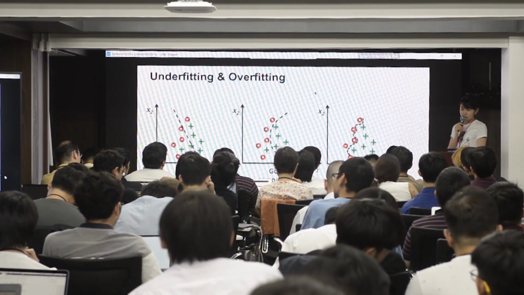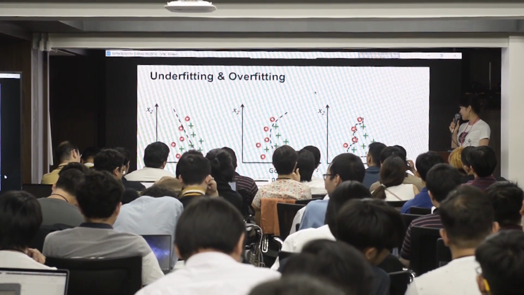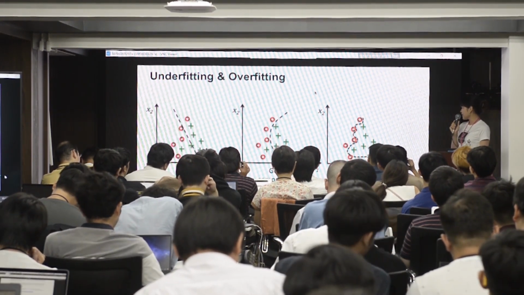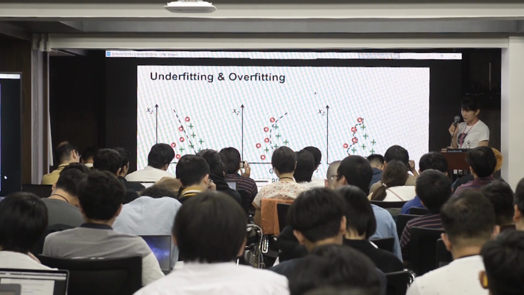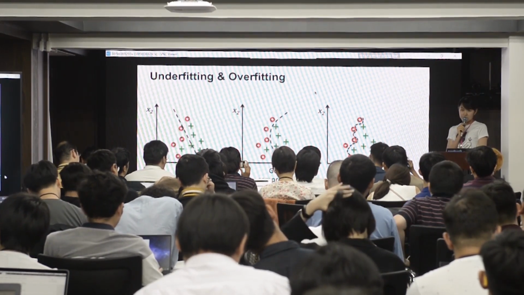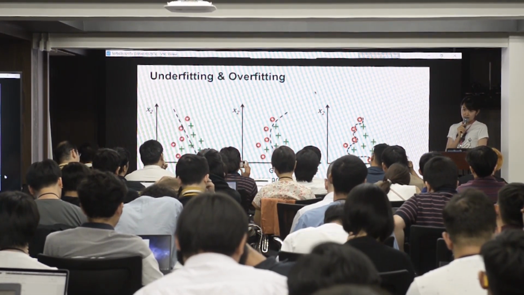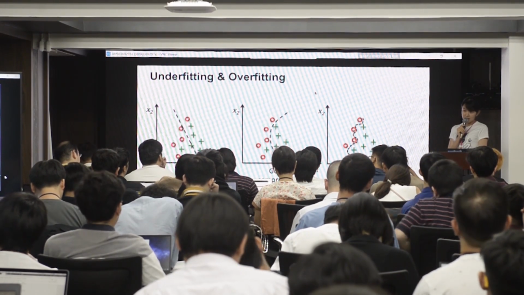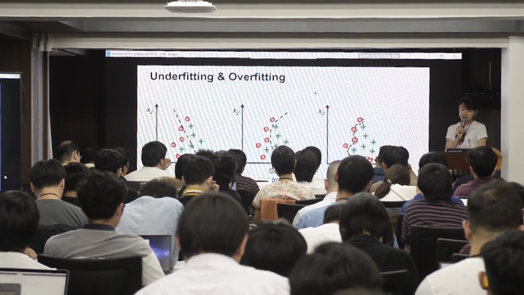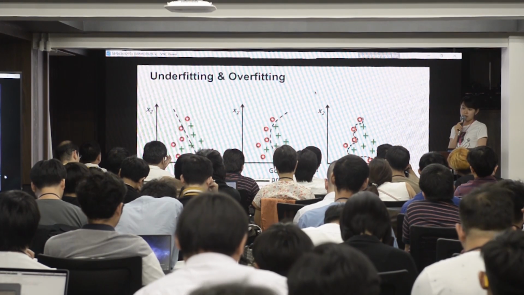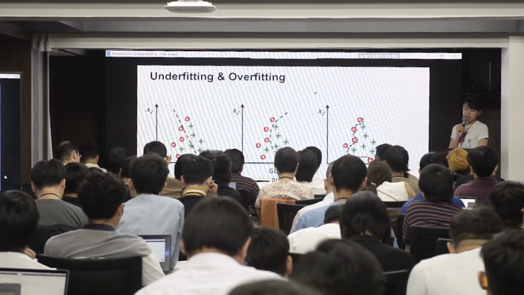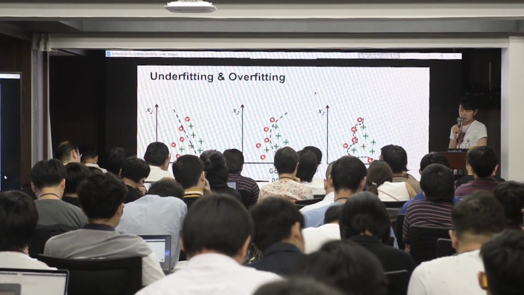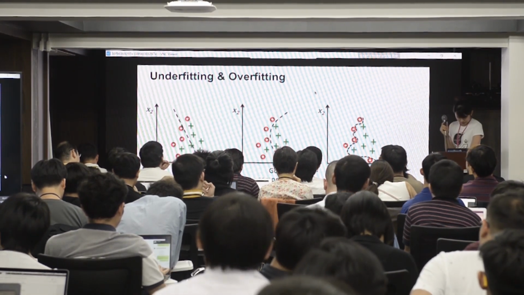On the right-hand side, it's definitely overfitting, since you have those super curly lines trying to split the features. Maybe one of the features is an outlier and your model got it wrong. That happens a lot in the tree case when you classify. We also call overfitting high variance.